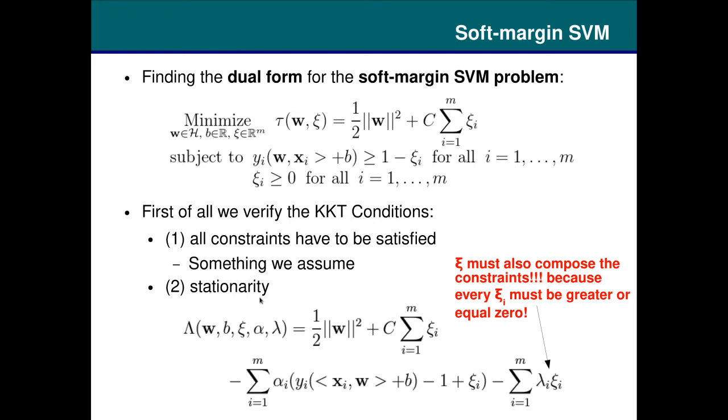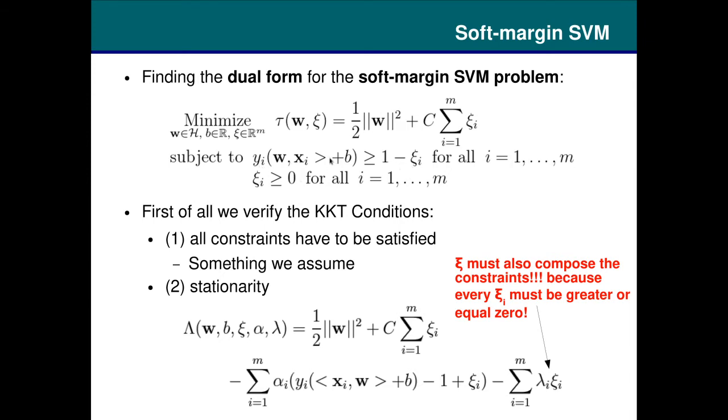I need to satisfy stationarity given my Lagrangian. What is my Lagrangian in this scenario? I'm going to consider w, b, psi, alphas, and lambdas. You're going to see now, it's basically the same formulation. We have this C times this term as in here. And then afterwards, I'm going to bring my constraints.